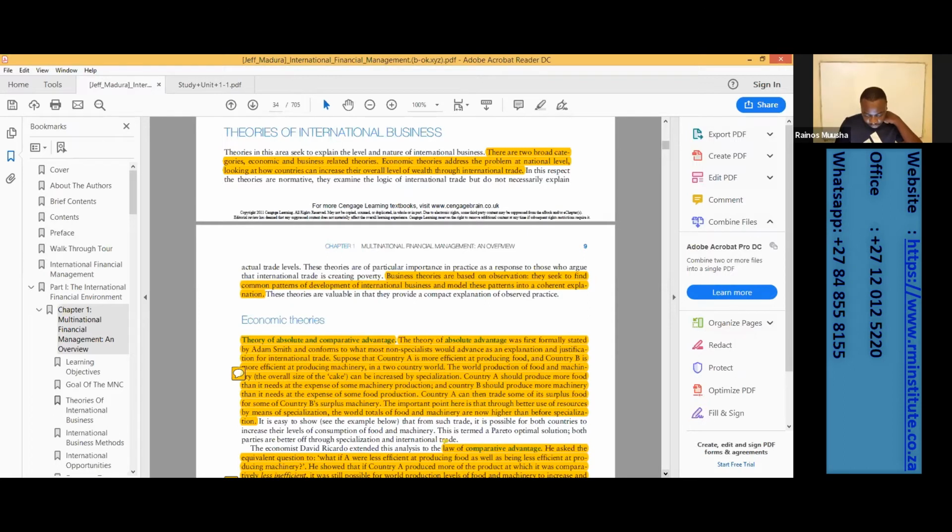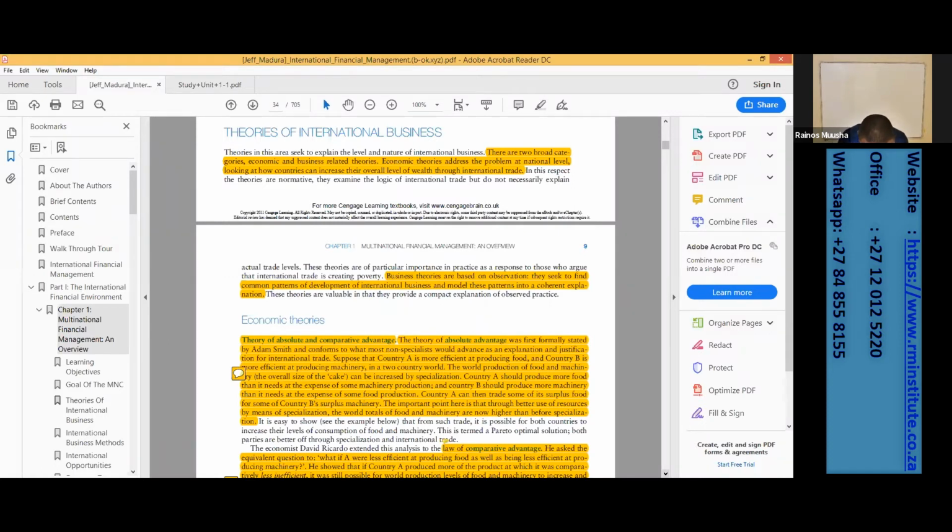So we look at the theories of international business. In another section, they say theories in this area seek to explain the level and nature of international business. There are two broad categories: economic and business-related theories. Economic theories address the problem at national level, looking at how countries can increase their overall level of wealth through international trade.